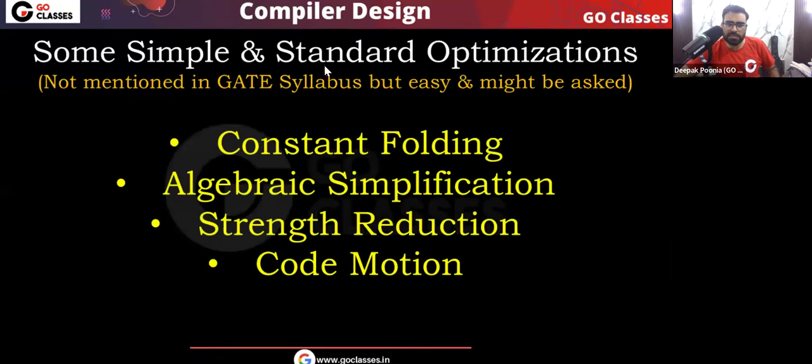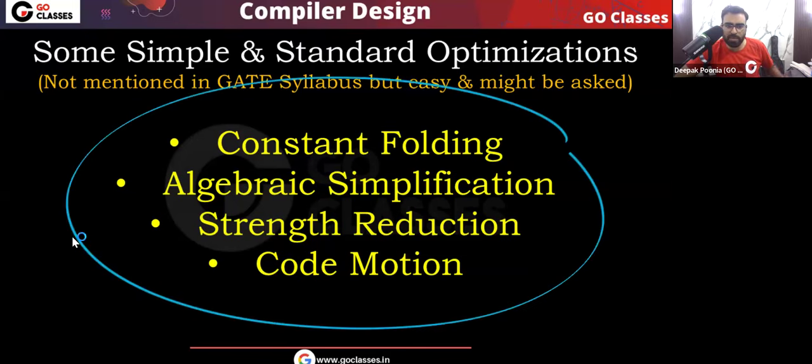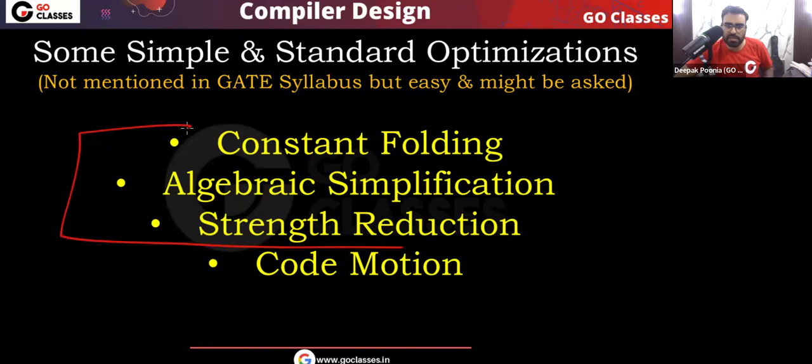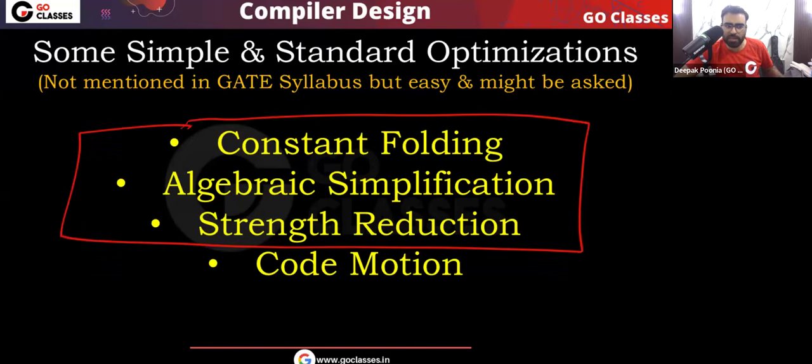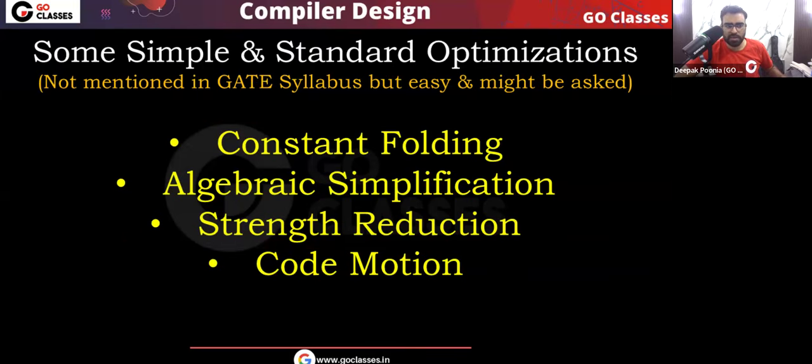Now let's see some simple and standard optimizations. These are not directly mentioned in the GATE syllabus, but they might be asked because these are part of local optimization. Actually, these three are basically local optimizations. You will see why.